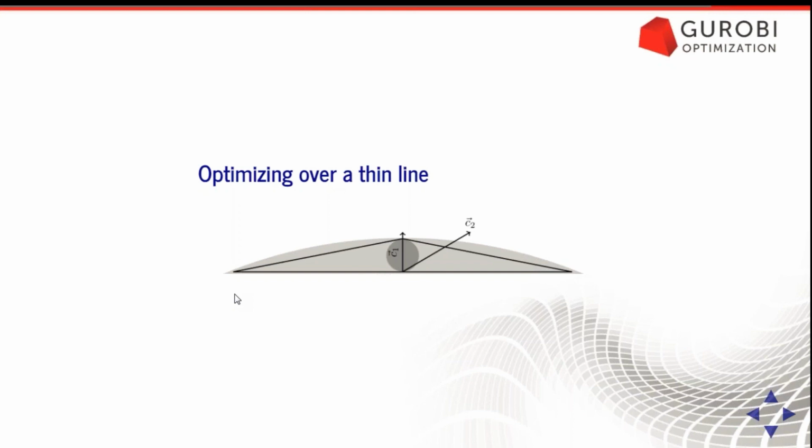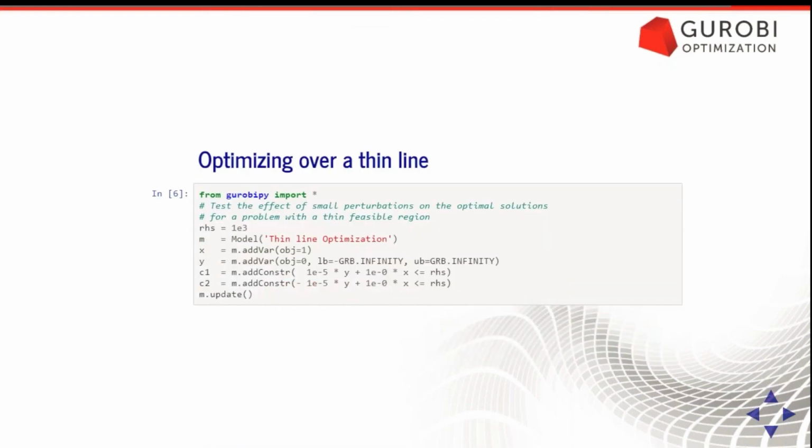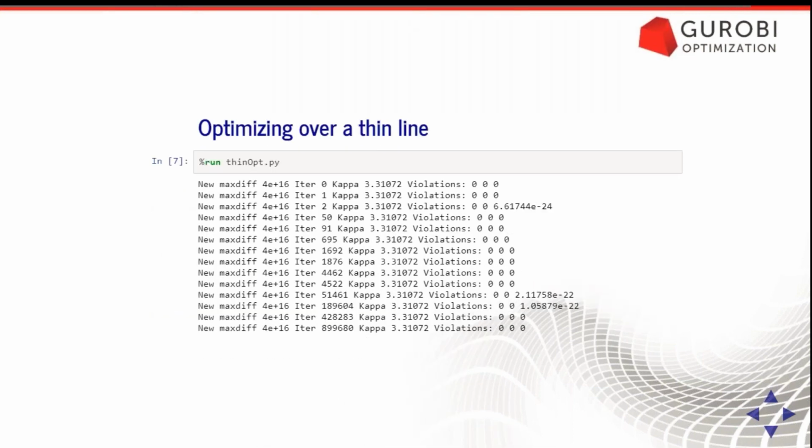What I can do is essentially define this optimization problem, with three constraints, solve it, and then see what happens if I change a tiny bit the objective function. And if I do that, right away, even changes in the objective function on the order of 10 to the minus 6 translate into changes in the primal solution of the 16th order of magnitude.